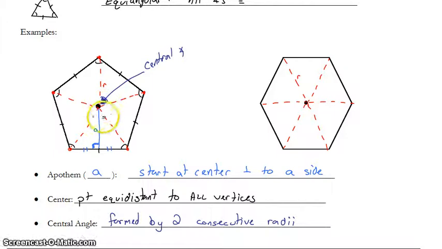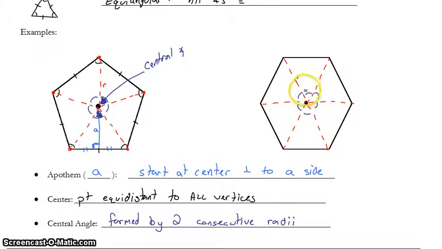There are 1, 2, 3, 4, 5 of them in a pentagon. There are 1, 2, 3, 4, 5, 6 of them in a hexagon. Because they all form sort of a circle, they all add up to 360 degrees.